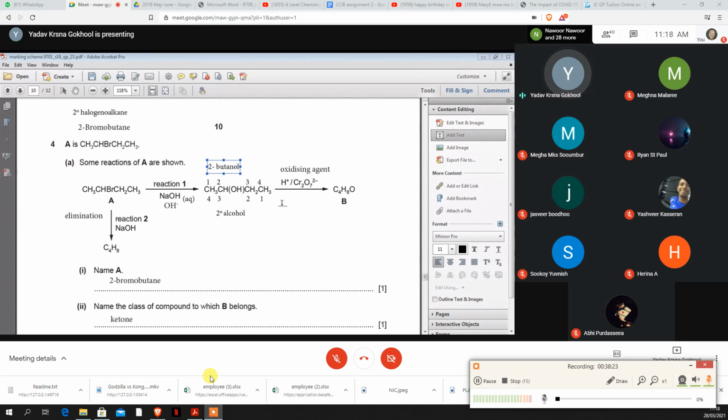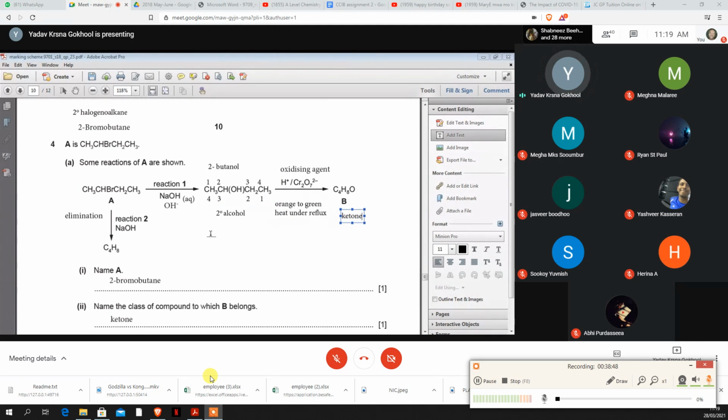When it undergoes oxidation, the potassium dichromate changes from orange to green. Here we heat under reflux. There is nothing to worry about distillation or heat under reflux as compared to aldehydes. And here we are going to get a ketone.